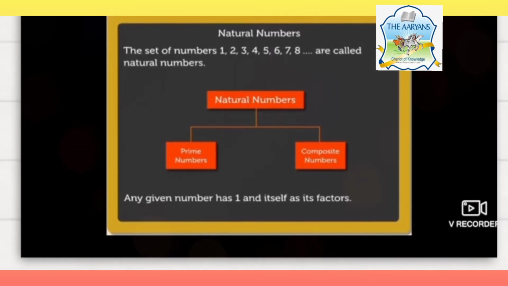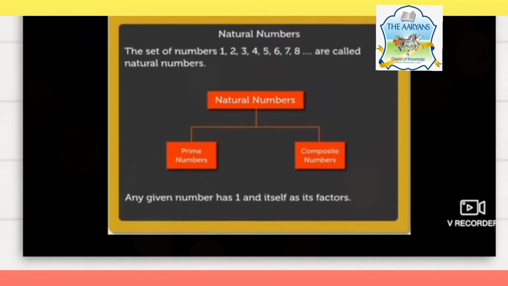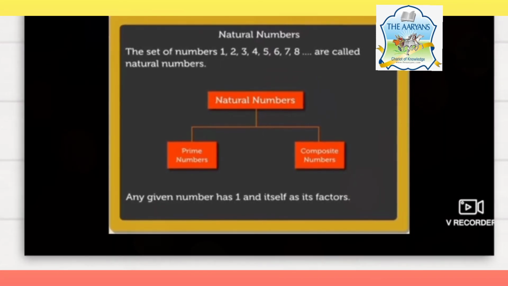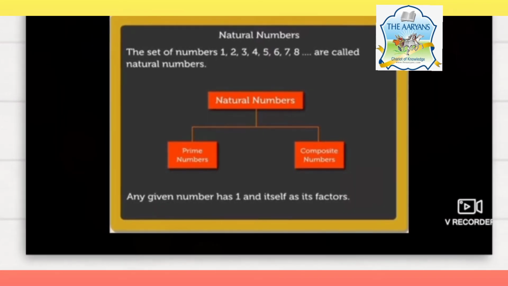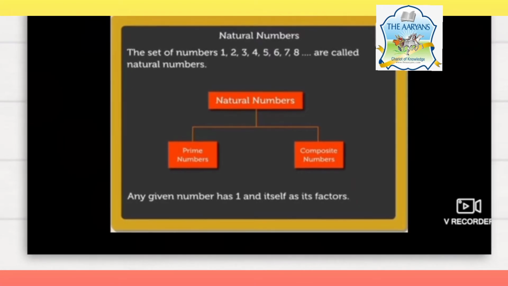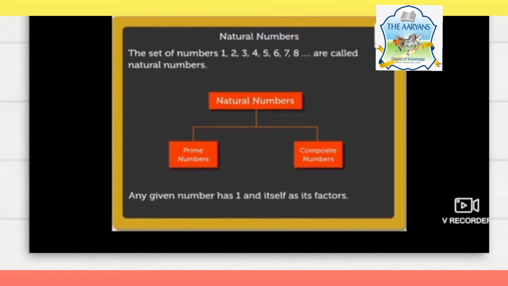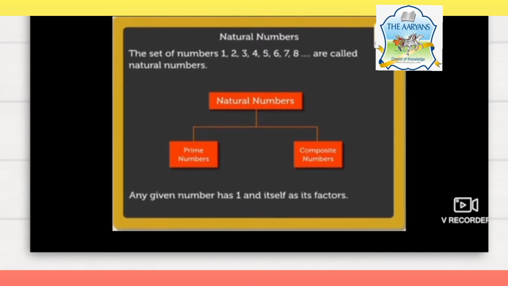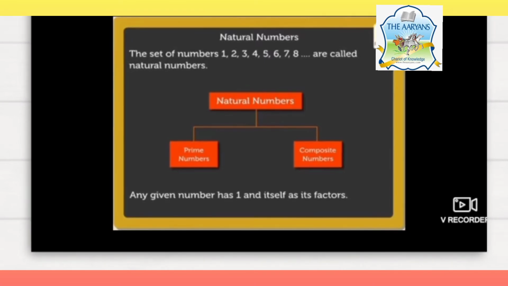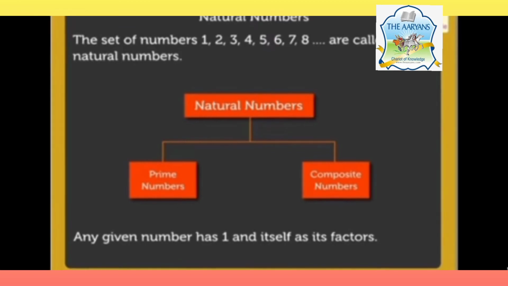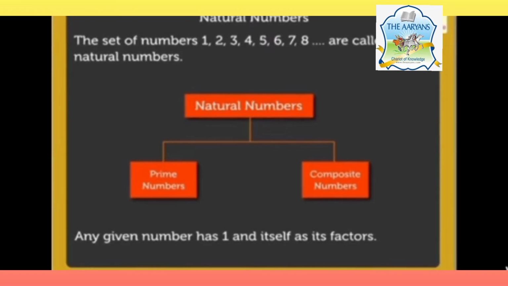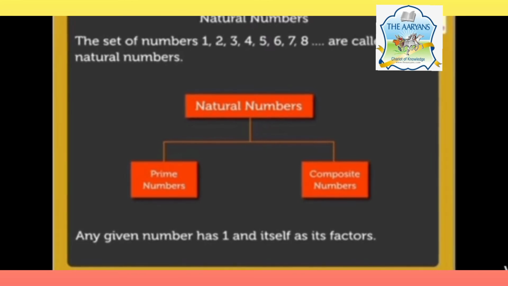Natural numbers start from 1 and go to infinity. They can go anywhere, they start from 1, they are known as natural numbers. Natural numbers we can divide in two parts. First one is prime numbers and second one is composite numbers. Any given number has 1 and itself as its factor.